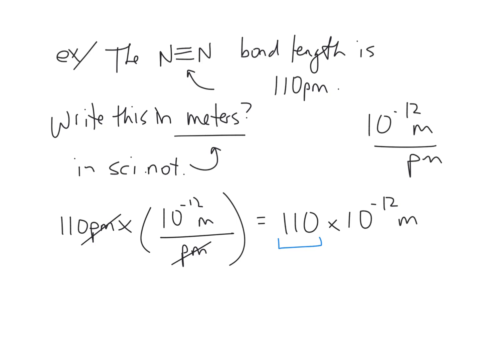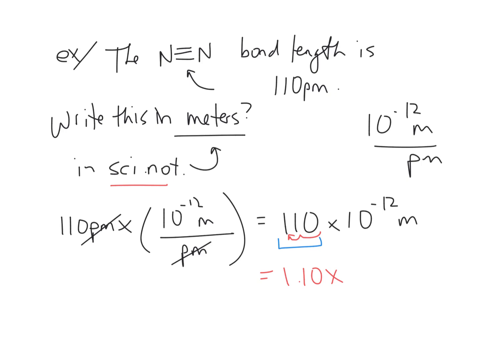That number has to be between 1 and 10, which means we have to actually move that decimal place from here over to here, 2 spaces, okay? So writing this in proper scientific notation is going to be 1.10 times. So what's the move? By moving it 2 to the left, we made the number smaller.